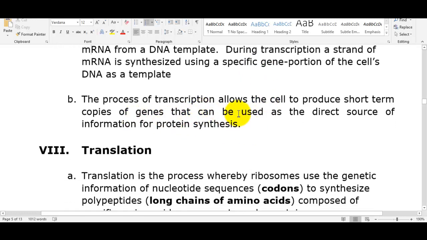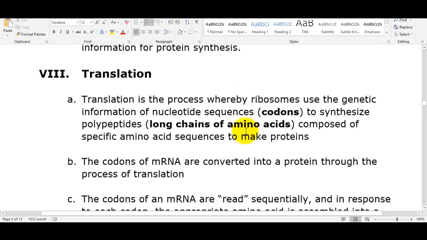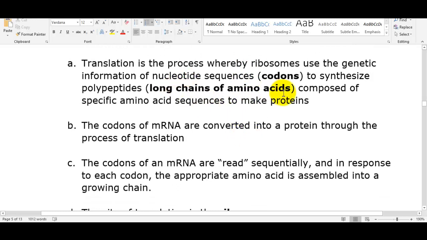The process allows the cell to produce short-term copies of genes that can be used to direct the source information for protein synthesis. Translation takes place at a ribosome. As I mentioned, it's in the form of codons, the sequence of 3 bases, to synthesize polypeptides, long chains of amino acids that will eventually make a protein.